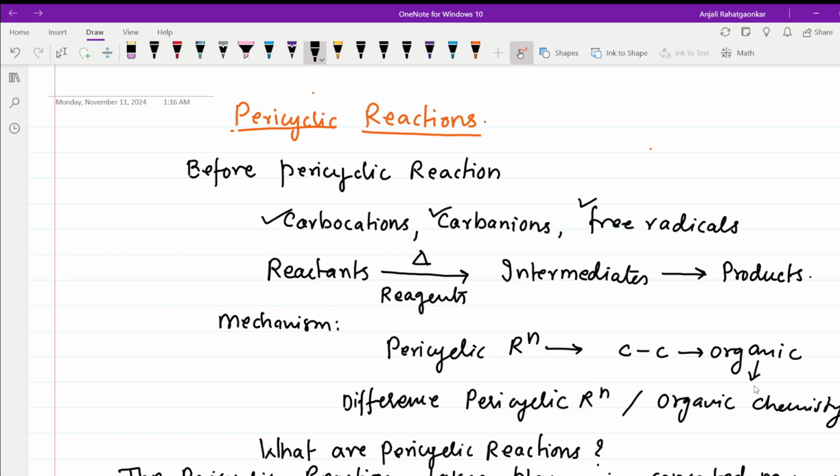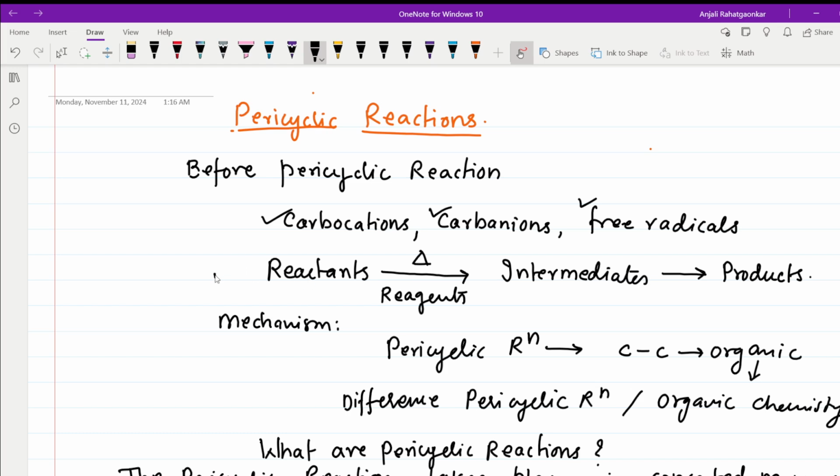Whenever a reaction forms a C-C bond, it is called an organic reaction. Please remember these things. Another thing is that all the organic reactions follow the path of formation of carbocations or intermediates. They can be carbocations, carbanions, or free radicals.